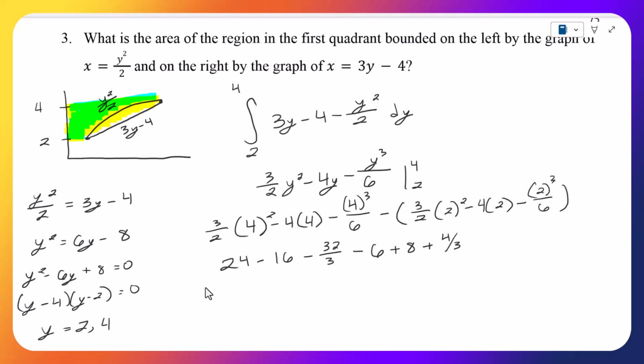I think I made another mistake on computation. Yeah, 32 minus 22 is 10. And then we'll combine our like fractions, which is just negative 28 over 3. Hopefully I didn't make any other computation mistakes in there.